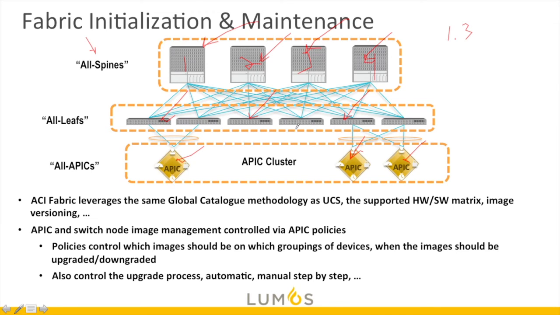We do these rolling upgrades which allow us to do a minimal impact upgrade. You'll still want to do this in a maintenance window, of course, but you should be able to forward traffic during the entire upgrade process. As long as you've got enough leaves and spines and some redundancy, you should not have any actual packet outage.